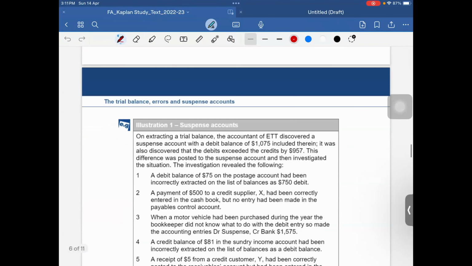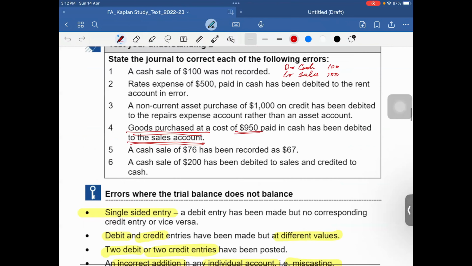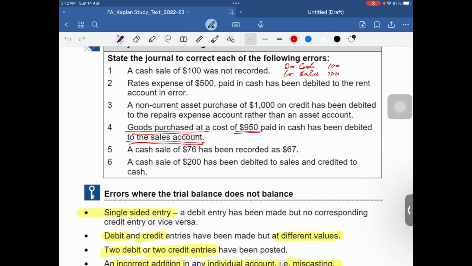The cash sale of 76 has been recorded as 67, right? First of all, when there is a question like this, you need to find out what is being recorded. So it was a sale of 76, recorded as 67, right?